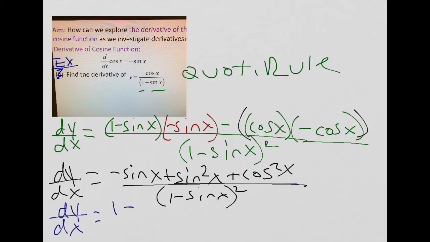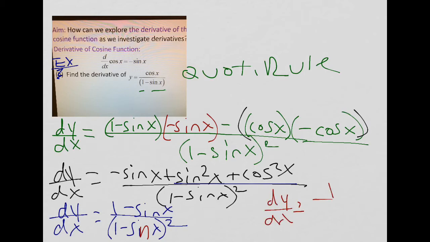So we have 1 minus the sine of x over the quantity of 1 minus the sine of x squared. Uh-oh, I missed an n. That's supposed to be sine. So since that being the case, we can simplify dy over dx to be 1 over the quantity 1 minus the sine of x. That's supposed to be an equals. And there we have it.